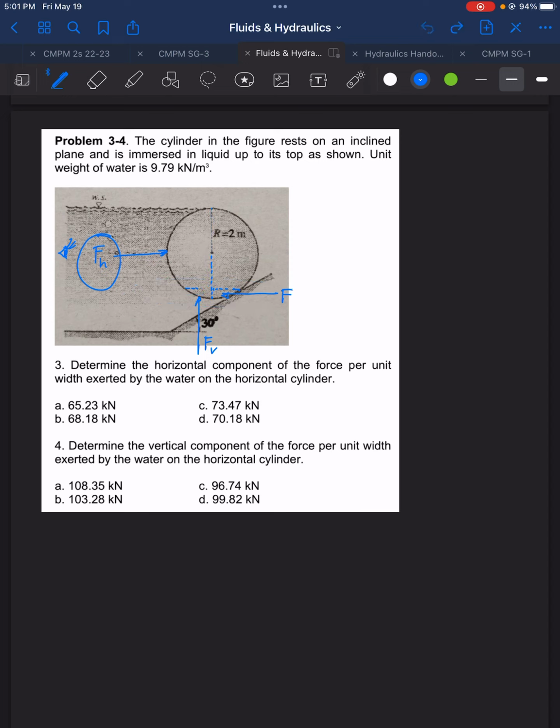So it's just this portion. If we draw the rectangular plane, okay, what the eyes can see here is this portion. So what is the dimension of this portion now?